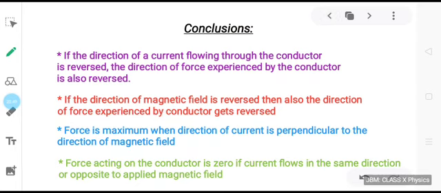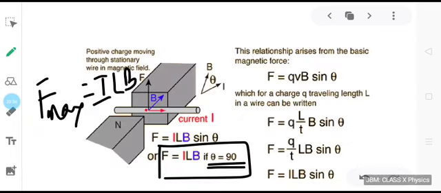As it was said in the last point, the force acting on the conductor is 0 if current flows in the same direction or opposite to the applied magnetic field. If it is flowing opposite to the applied magnetic field, in that case theta is equal to 180 degrees, and sin 180 degrees is again equal to 0. So maximum force will be acting when the current carrying conductor has been kept perpendicular to the external magnetic field.